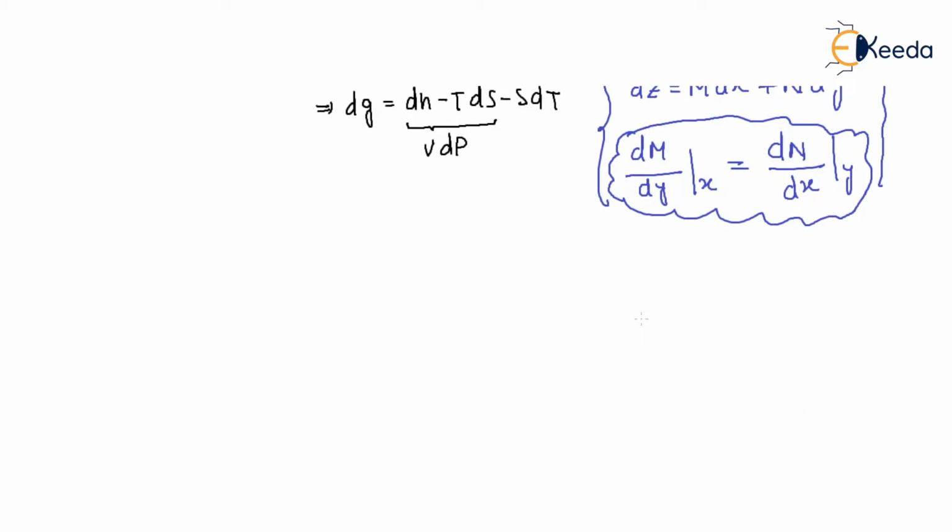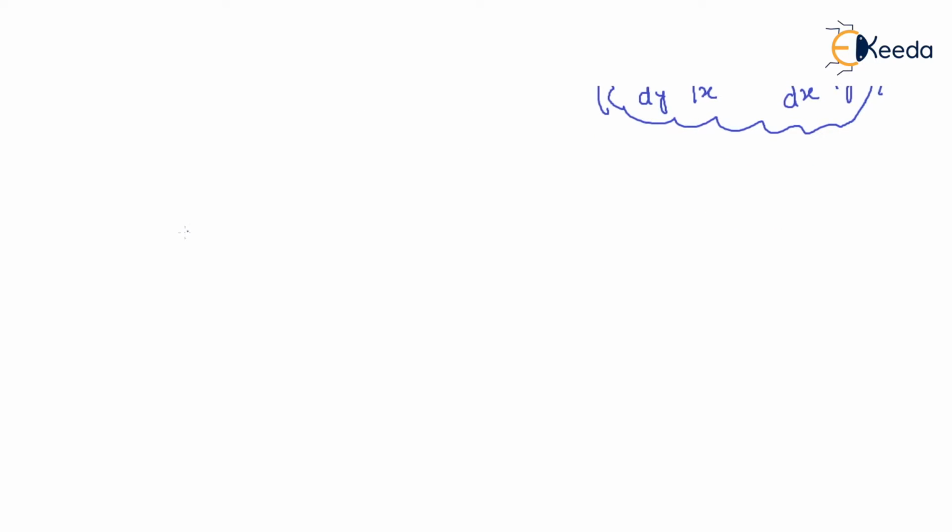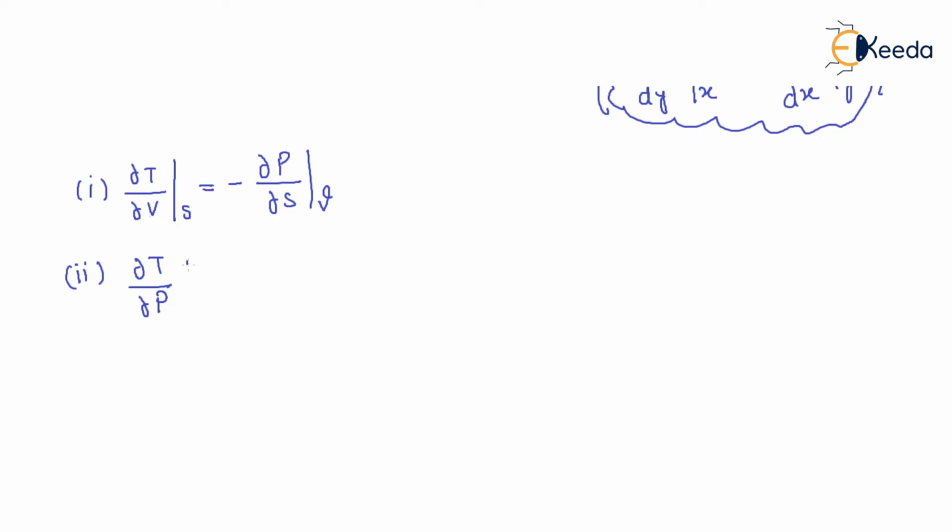So from the first equation we can write: dou T over dou v at constant specific entropy is equal to minus dou P over dou s at constant specific volume. Number second equation: dou T over dou P at constant entropy is equal to dou v over dou s at constant pressure.